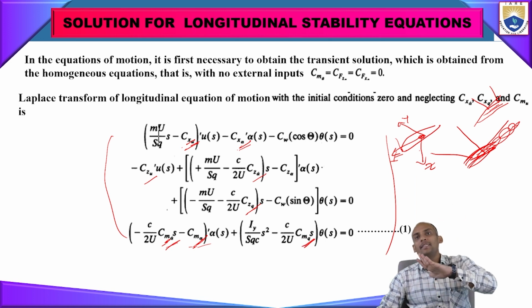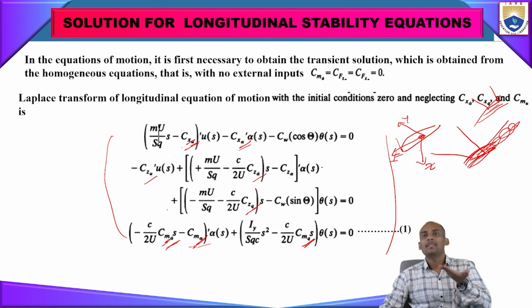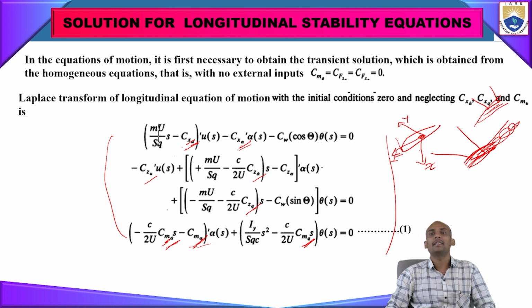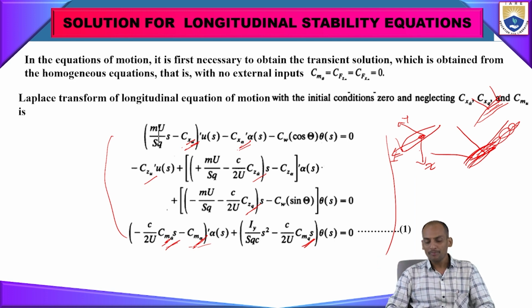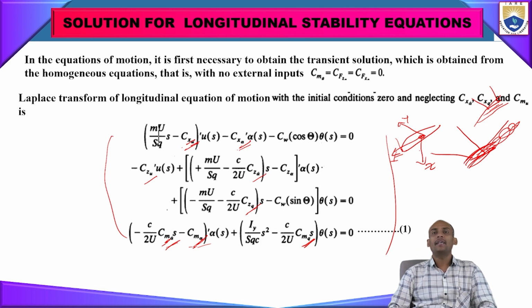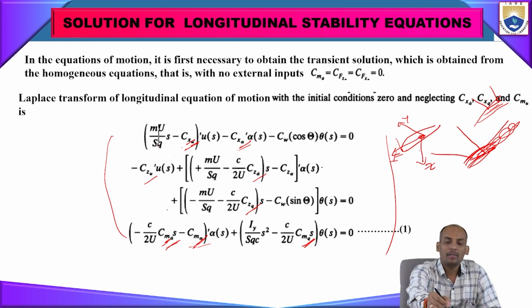All these conditions we have already given. If you refer to the previous videos, you can find a reference for what the stability derivative Cm alpha is and what the stability derivative Cmq is. Using that, what we are saying here is that we have a big equation.